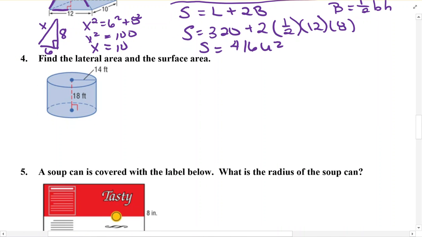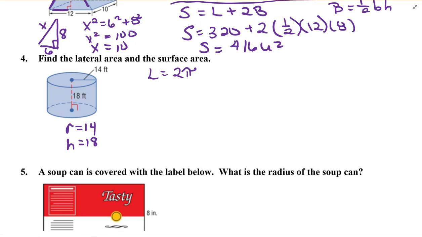Next, we want to find the lateral area and the surface area of a cylinder. Here we have that the radius is 14 and the height is 18. So the lateral area is 2 pi times the radius, which is 14, times the height, which is 18.